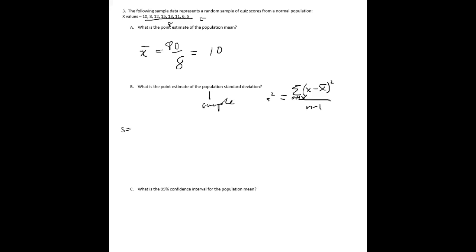Obviously s squared is the sample variance. We're going to take the square root of this whole thing to get our sample standard deviation.